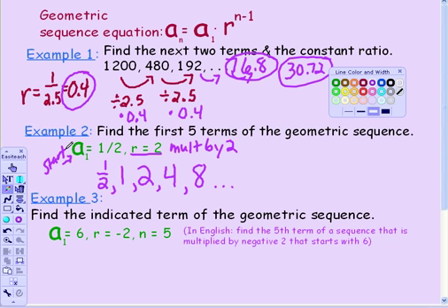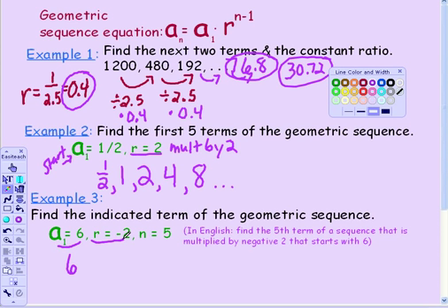In example 3, we have find the indicated term of the geometric sequence. So what that's telling us is, here's our start, 6. R is -2. That means each time it's going to be times -2. And n equals 5.